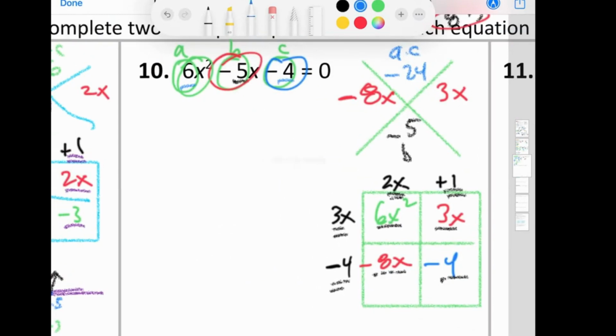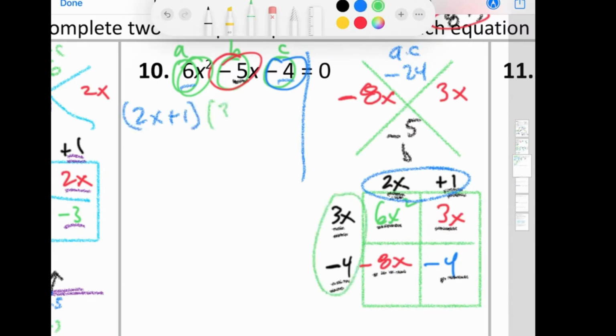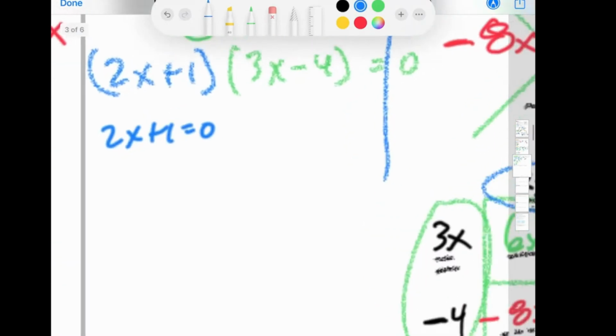Okay, so 2x plus 1, 3x minus 4. Set them equal to 0, and let's solve them.